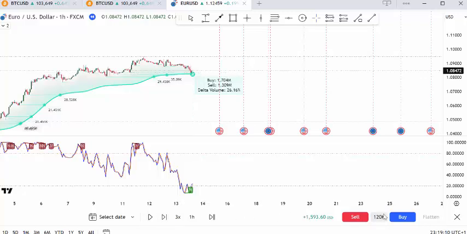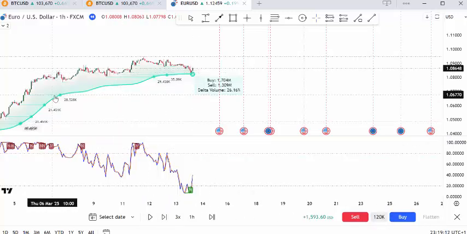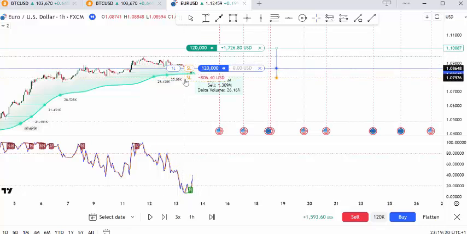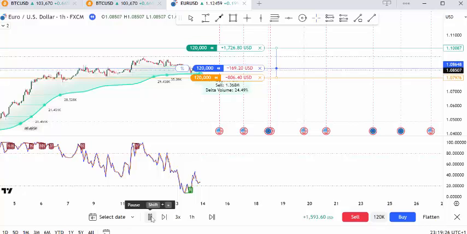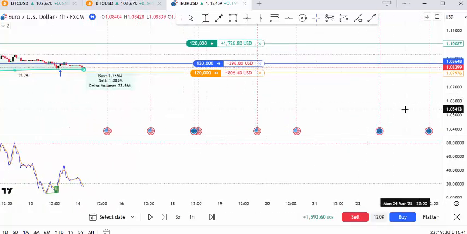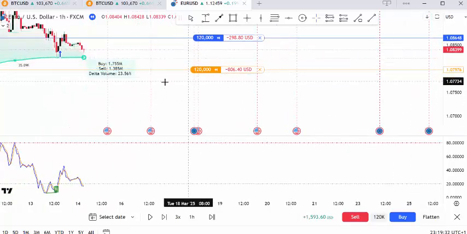Okay, good. Now we have a bullish trend, bullish divergence. 800. While the trade is still floating, I'm still watching for what?